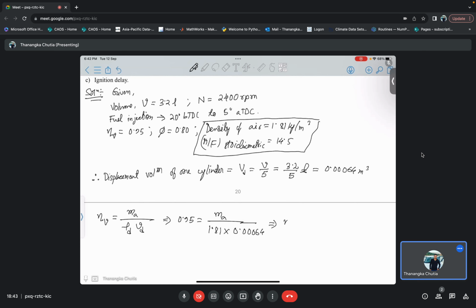Okay, so from here, mass of the air is 0.95 into 1.81 into 0.00064.